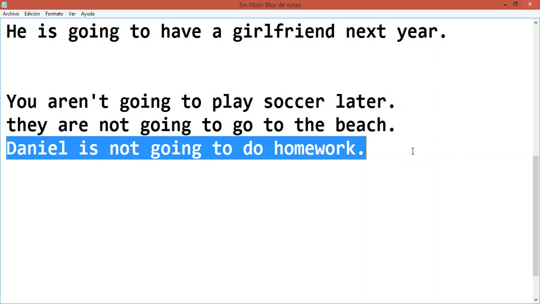Yes, say yes. Why is it a prediction? Because I know that he's not going to do the homework. It's a prediction. I don't know if that is going to happen. That's why it's a prediction, because you don't know if it is going to happen, right?